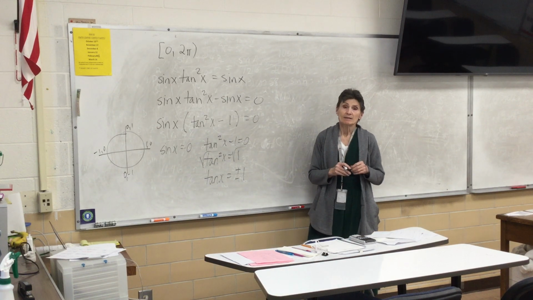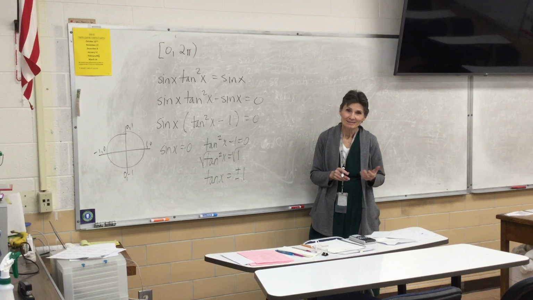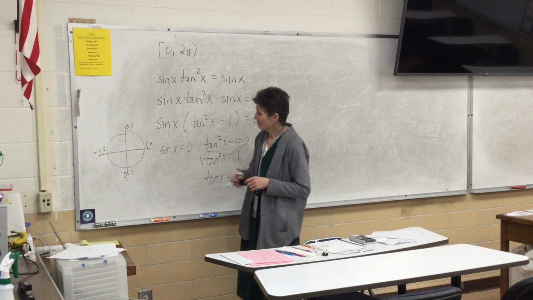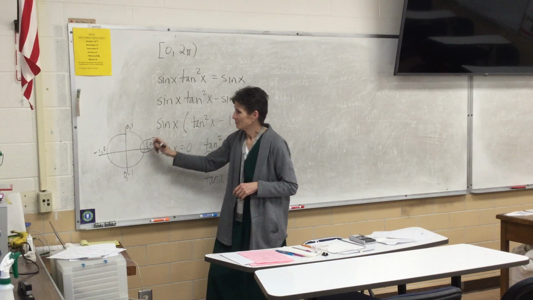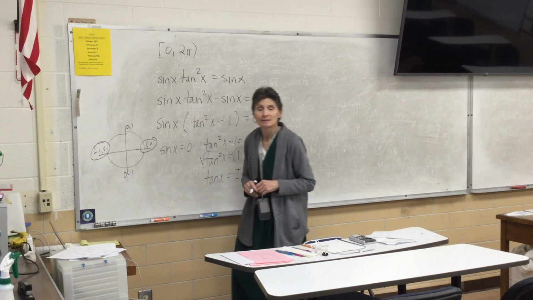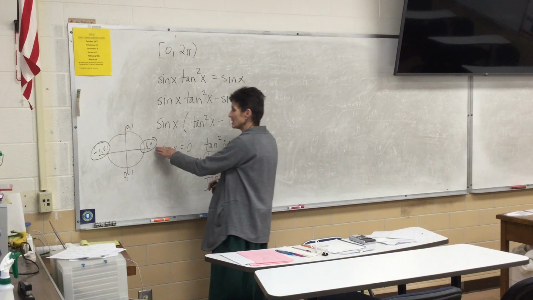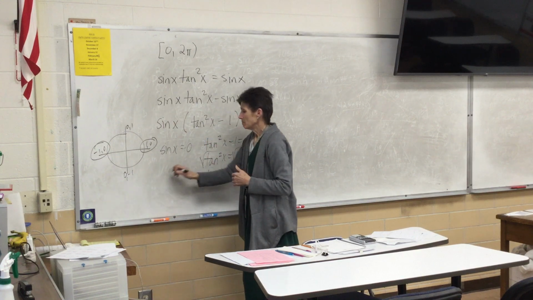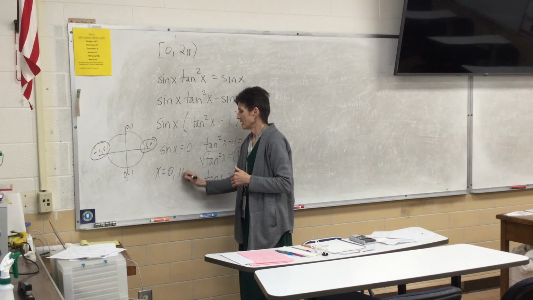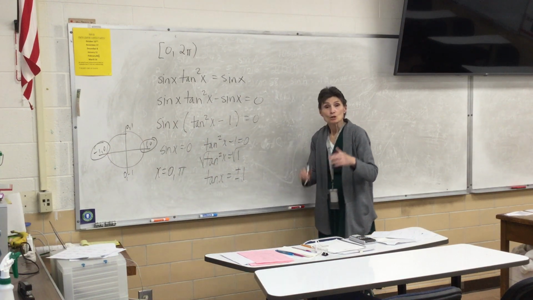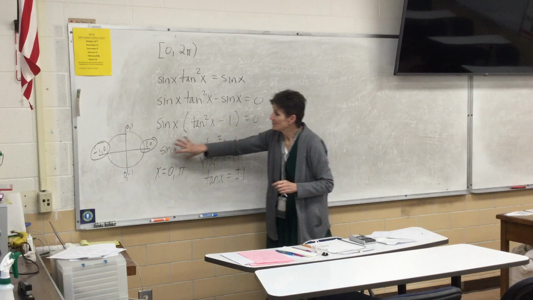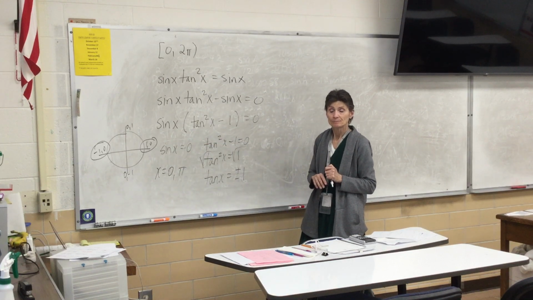That's easy if you remember sine is y. So the sine is 0 here and here. In degrees, that would be 0 and 180, but in radians, it's 0 and pi. So there are the answers to this piece of the problem.